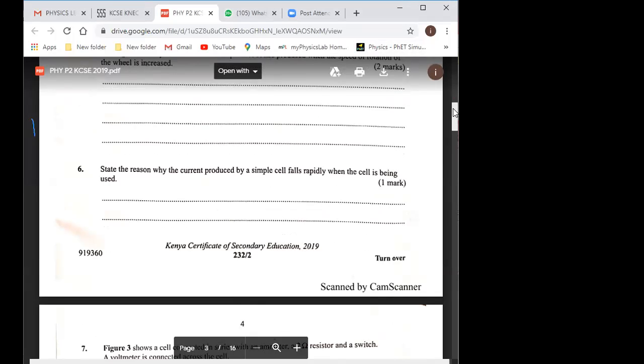Yes, Anthony Nambiro. It's because the chemicals are being used up. So what is happening so that the current can reduce? That's what we want to get.